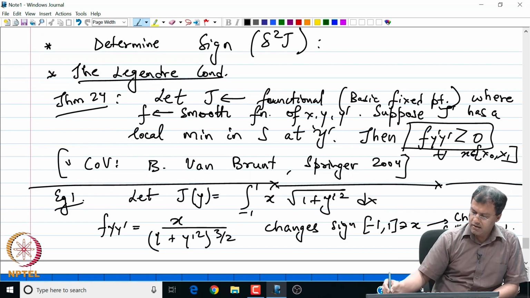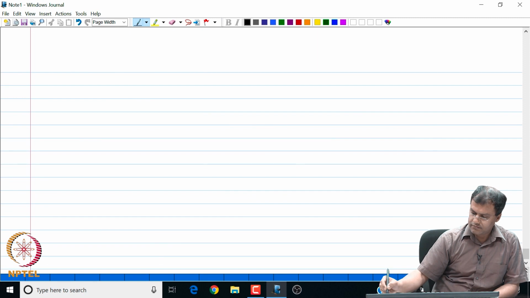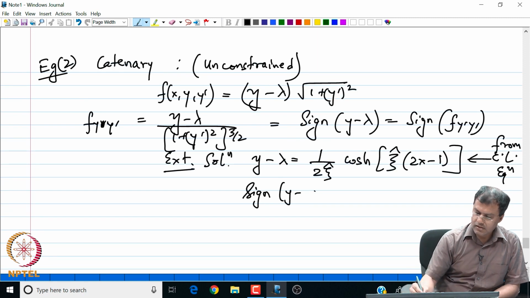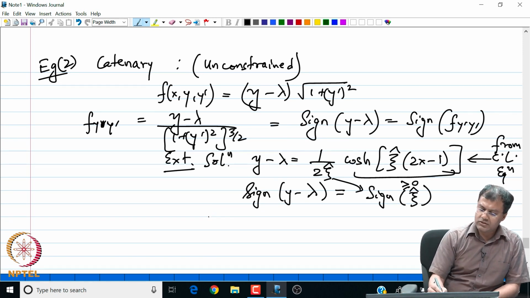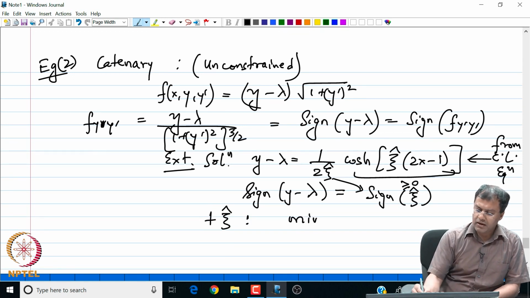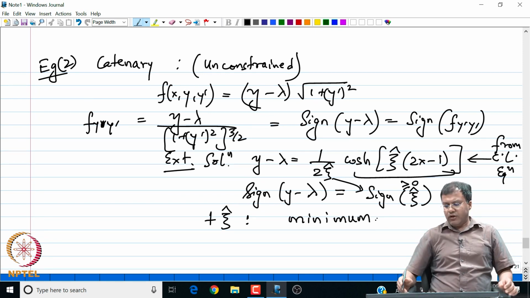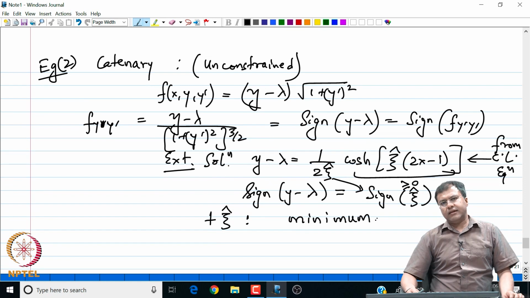The sign of y minus lambda is, well, cosh is always non-negative. So, the sign is completely determined by the sign of xi hat. So, students are asked to check that the positive root gives us the minima, and that is confirmed by the Legendre condition.